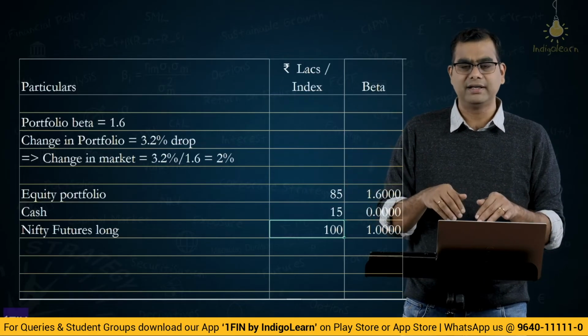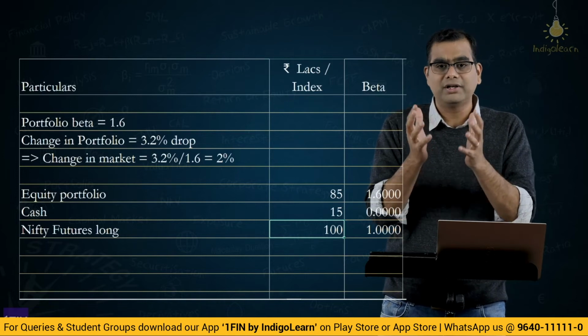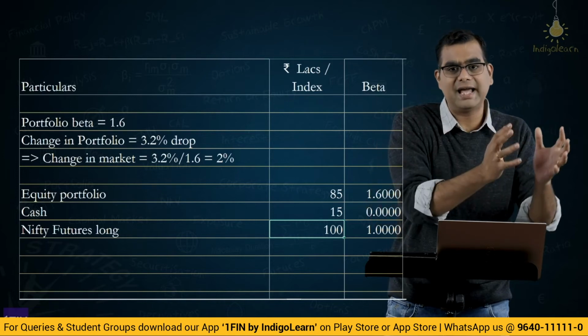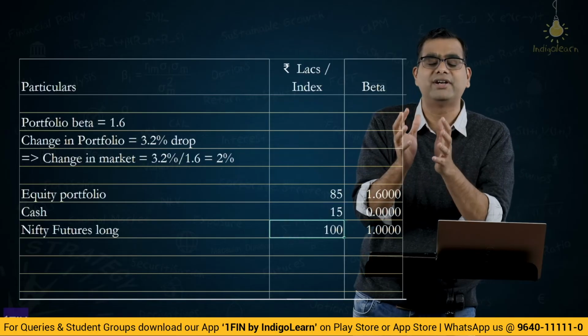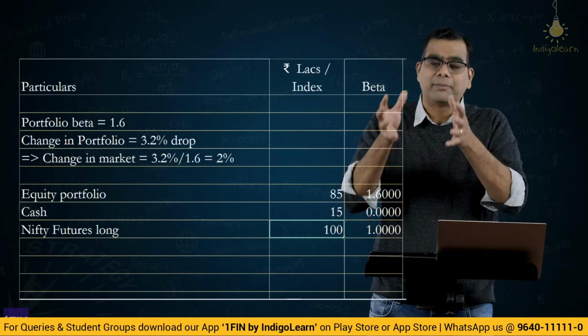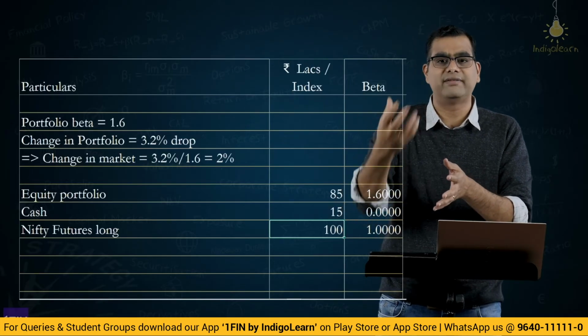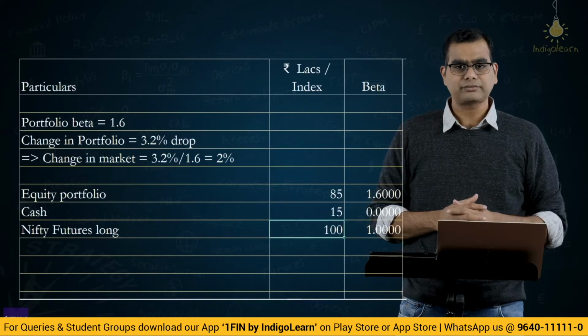As on that date, the derivative is part of your portfolio, but the total portfolio value is 100 lakhs plus profit or gain on the derivative contract. And what is the profit or gain on the derivative contract? The profit or gain on the derivative contract is linked to the movement in the value of the derivative or movement in the value of Nifty.